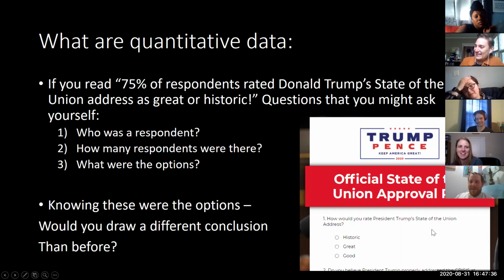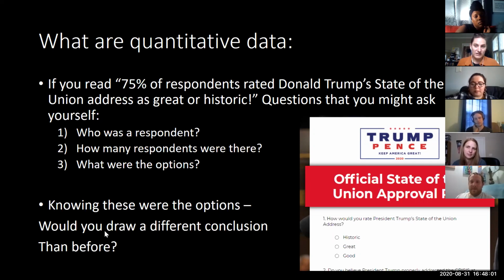And knowing that these were the response options completely changes your understanding of what this 75% means. It fundamentally changes that. And so you can draw a completely different conclusion than you could before. Those are the kinds of things that I really want you to be looking out for as you're thinking about your own data sets, understanding where the numbers come from. What is the mean?